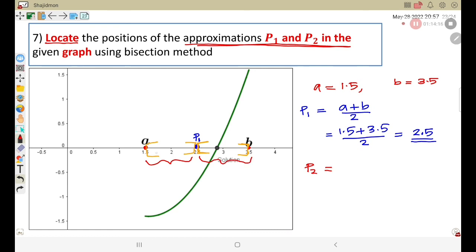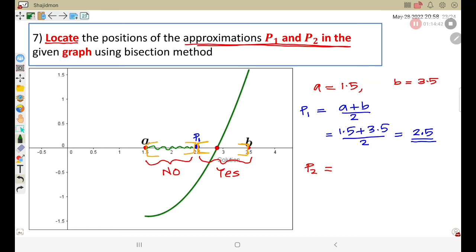See, the first interval we cannot take, because the graph is coming on the second interval. See, here is the solution. The solution is coming in the second interval. So yes, we can take this interval, but the first one we cannot take because there is no graph between these two points. Graph is coming on the second interval.